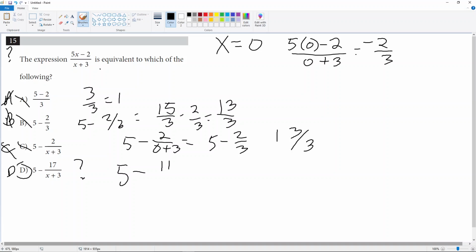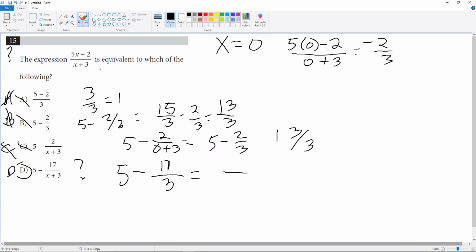5 minus 17 over 0 plus 3, which is just 3. 5 minus 17/3, that's 25/3 minus, oh, not 25/3. Look, we've made a mistake. I made a mistake when I was using my common denominator.